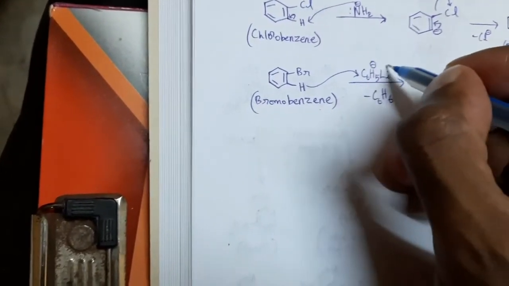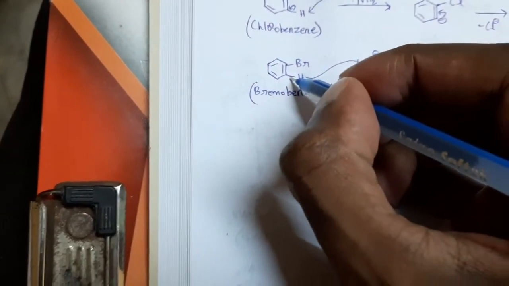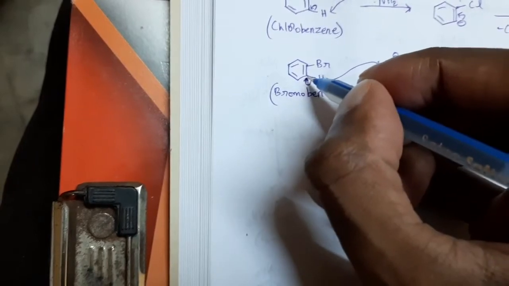This is minus, this is Li plus. Lithium is a metal. So here this negative charge, bonding electron pair is shifted to this carbon atom.